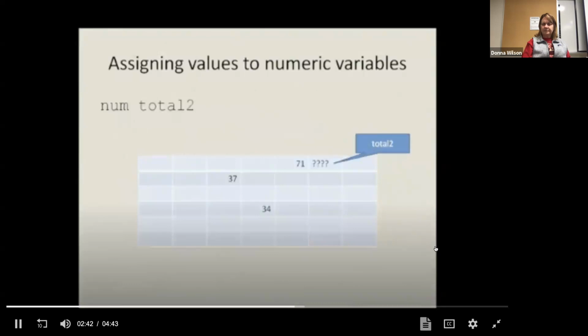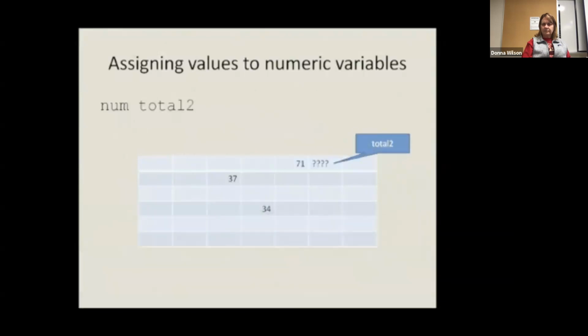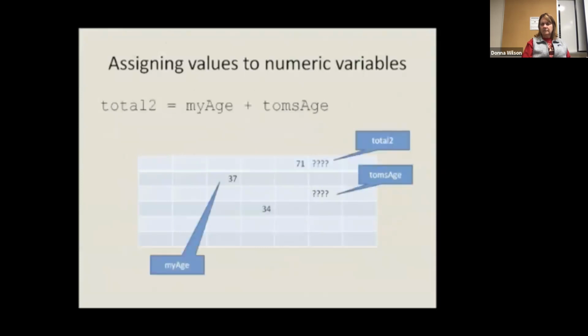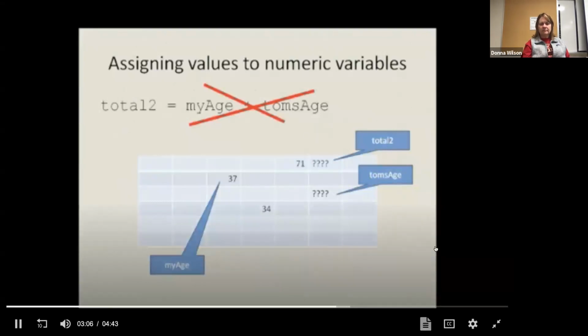You might declare another numeric variable named total 2 with no initial value. Garbage is stored there. And you declare a variable Tom's age with no initial value. Garbage is stored there. And when you do the arithmetic, total 2 equals my age plus Tom's age is illegal because Tom's age has garbage. It cannot be added to my age.